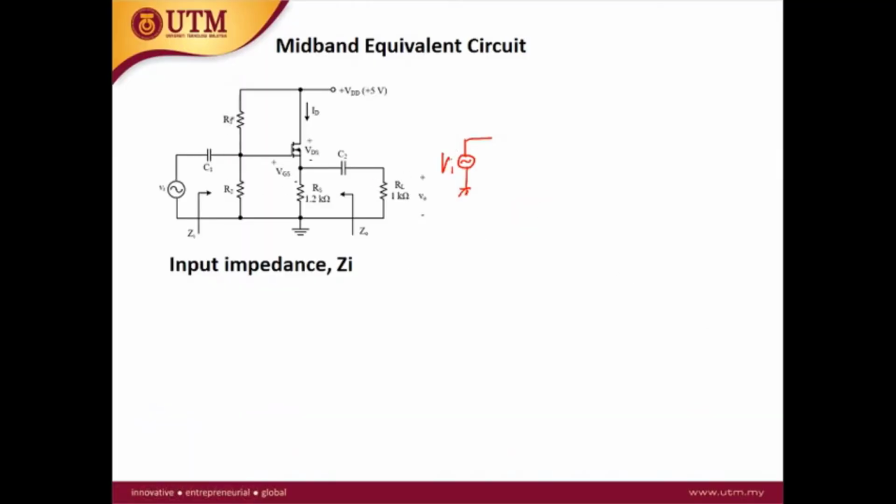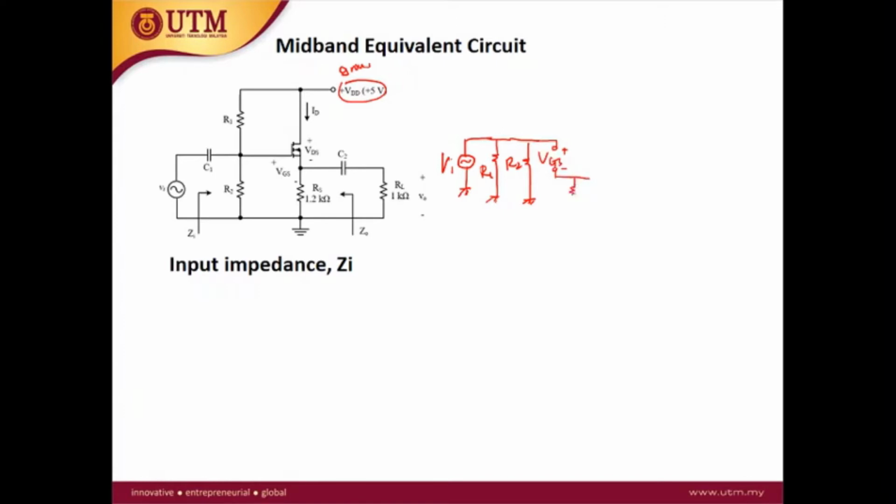So next is R1 and R2. R1 and R2 will become in parallel because the VDD is ground. So we have here R1, R2. At the gate and the source, this is open circuit.